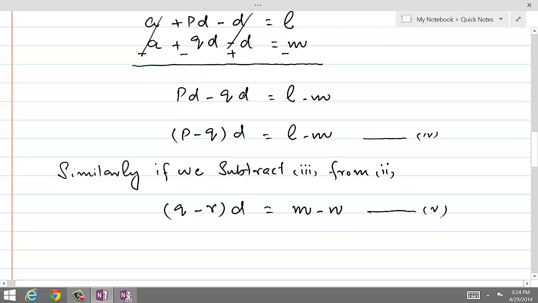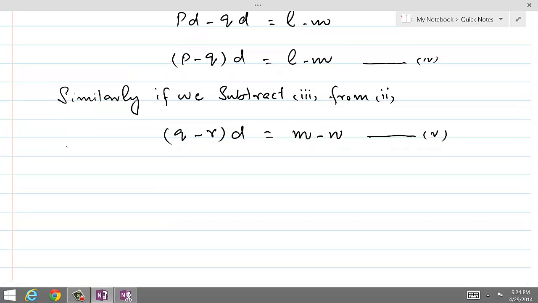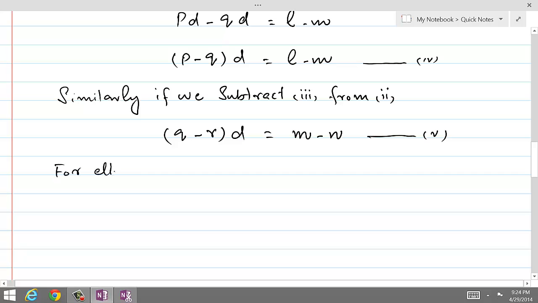From relations 1, 2 and 3, by subtraction we have eliminated A, but D is still there. In order to eliminate D, we divide 5 by 4.